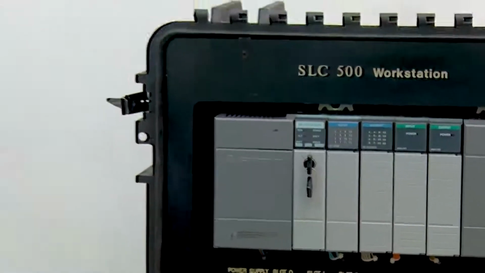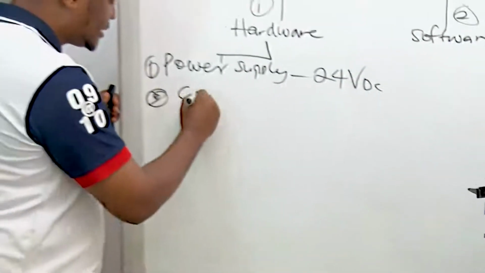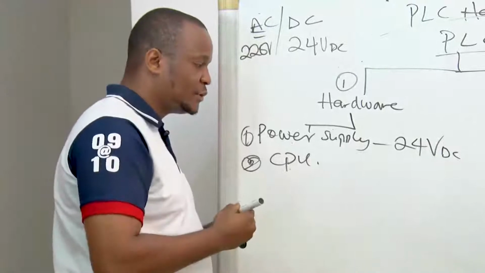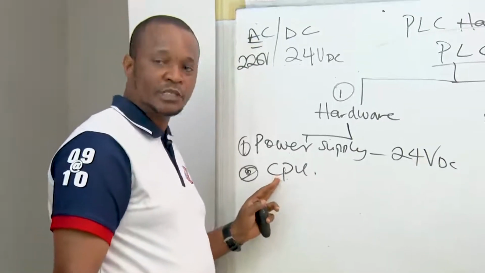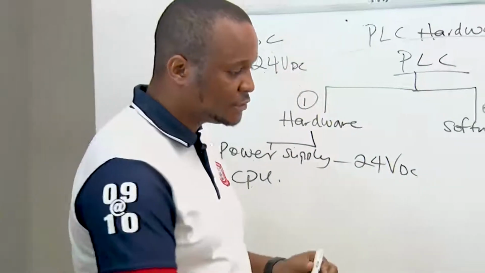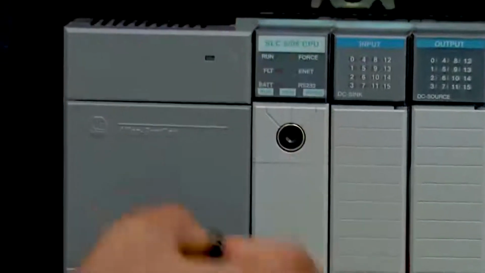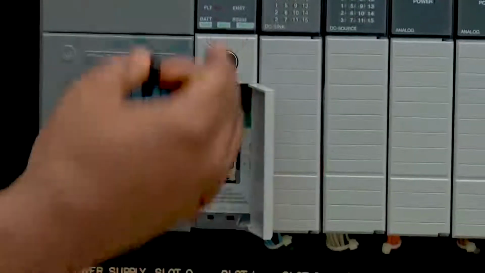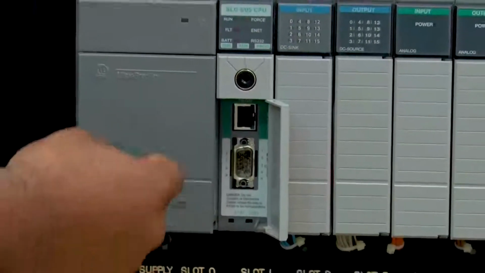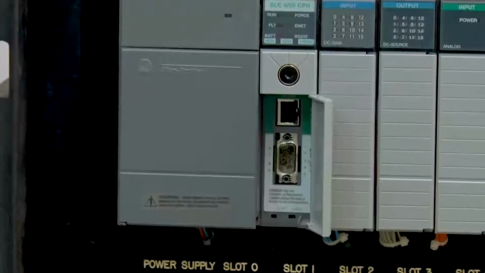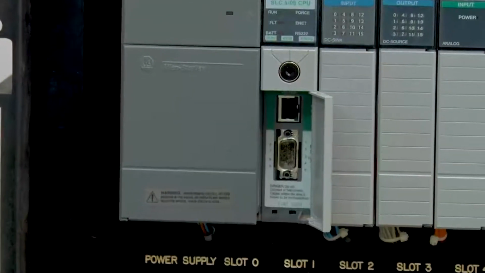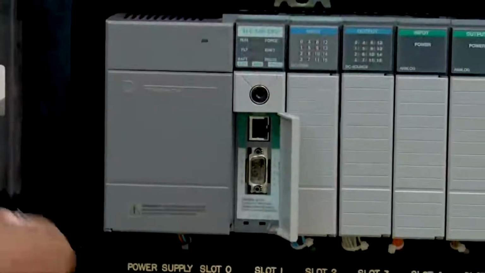We also mentioned that it has the CPU. The CPU is not different. It has the central processing unit. The central processing unit is this module before you here. This is the CPU. In this CPU, this is a modular PLC. Remember in the last class, I did say that modular PLCs can be expanded.